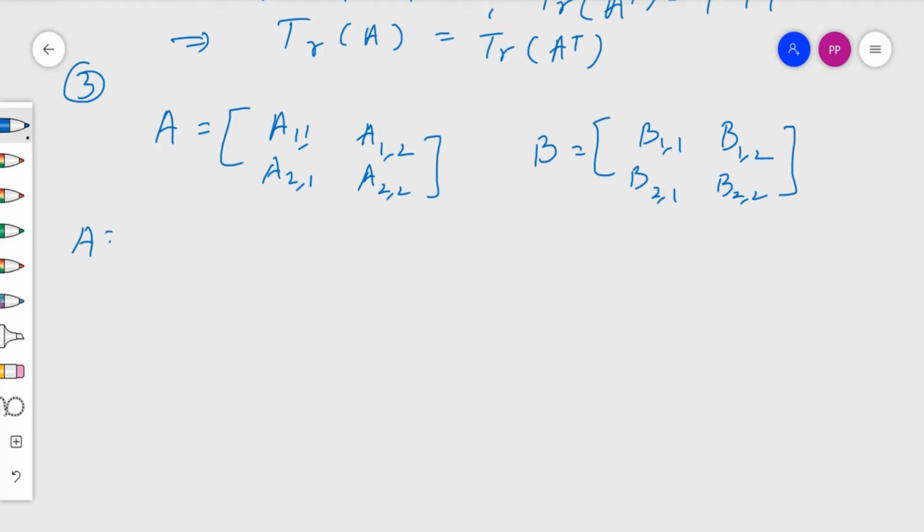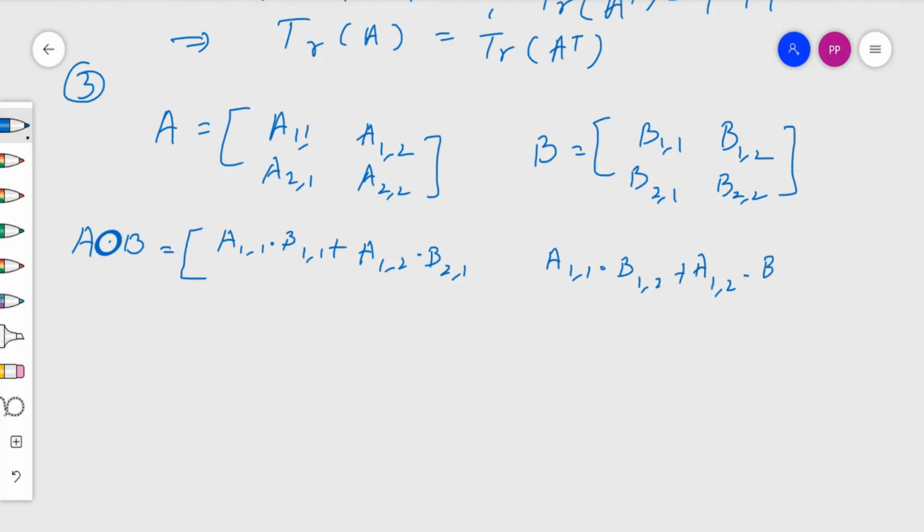A dot B is equal to, if you multiply row by column, A1,1 dot B1,1 plus A1,2 dot B2,1. Then the first row second element of the product, we have A1,1 dot B1,2 plus A1,2 dot B2,2.